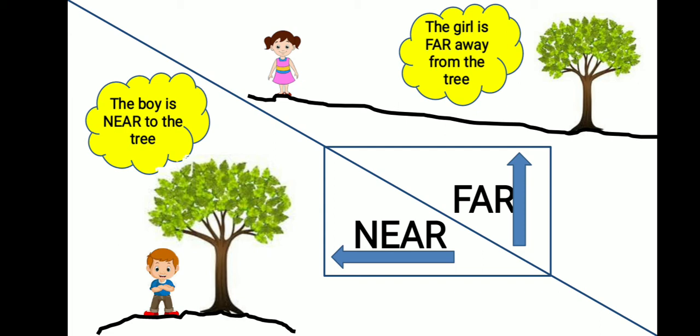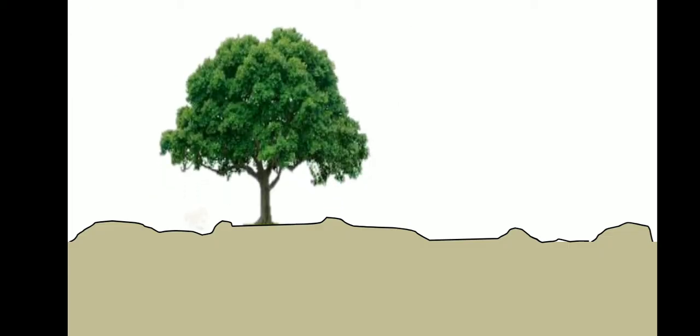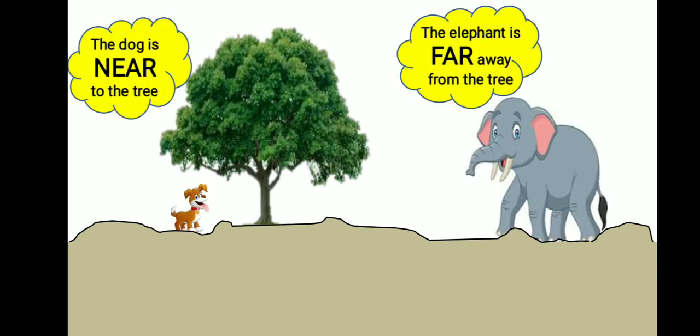So now kids, see, there are two animals. One is a dog and one is an elephant. Can you tell me which animal is near to the tree and which is far from the tree?